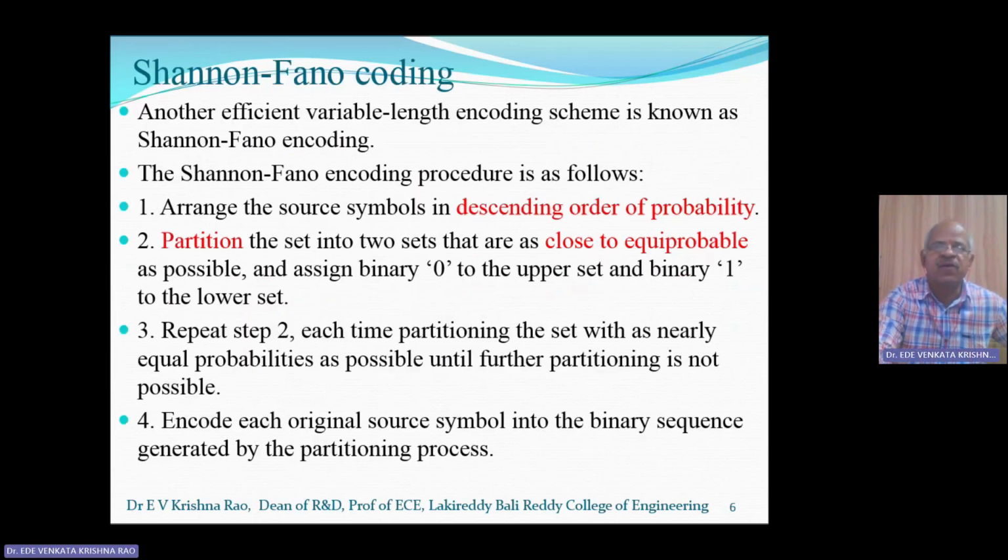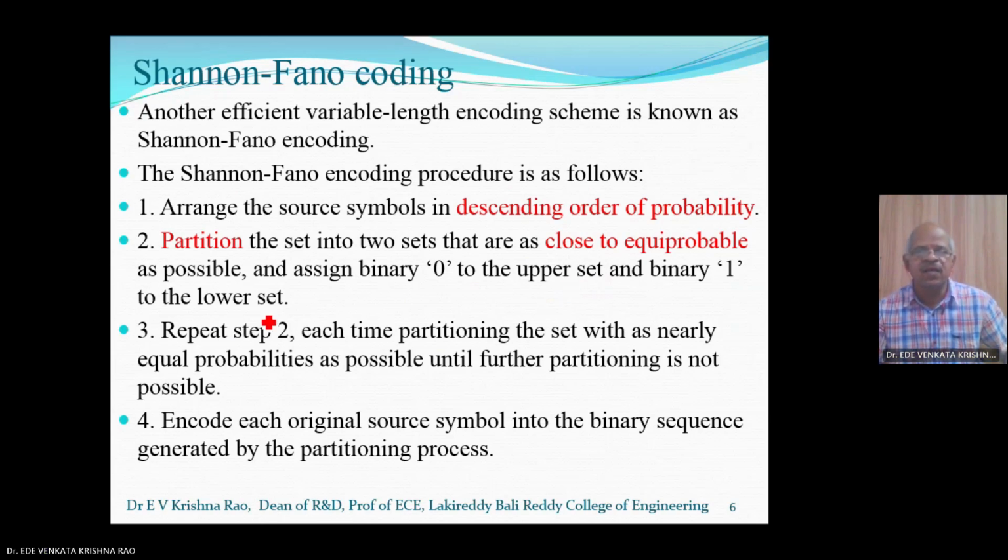In Shannon Fano coding, first of all, the source symbols must be arranged in descending order of their probability. Then we partition the source symbols into two sets that are as close to equiprobable as possible. That is, the two sets must have almost the same probability, that means half of the probability each, or if not, very close to equiprobable.